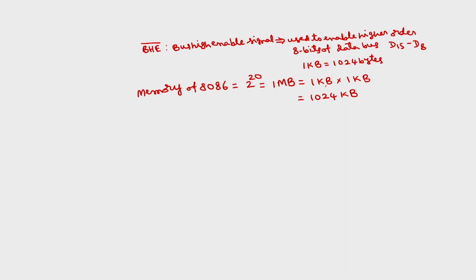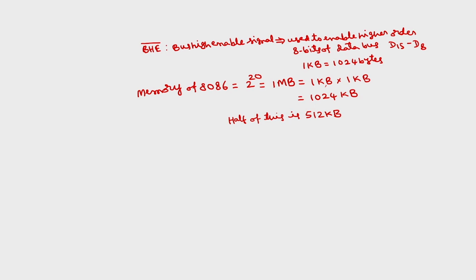So what is half of this? Half of this is 512 kilobytes. The total 1 megabyte, which is 1024 kilobytes of memory, will be divided.